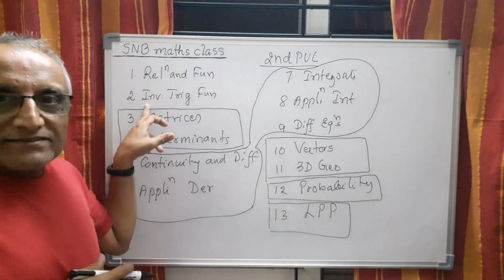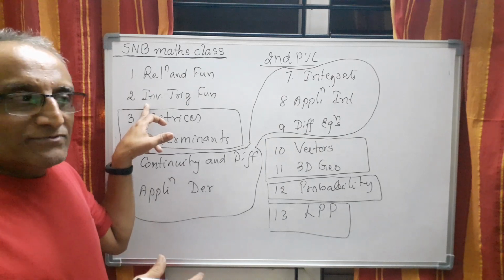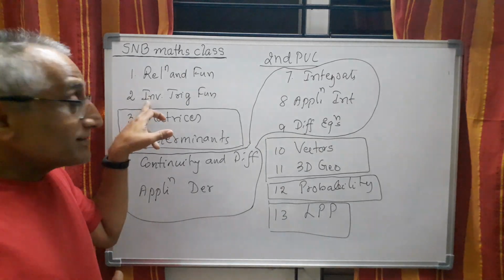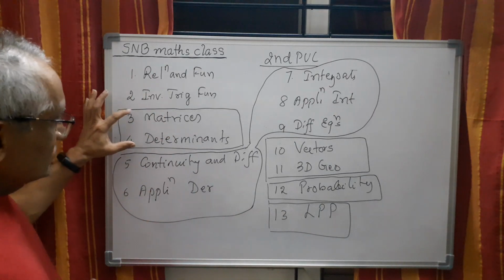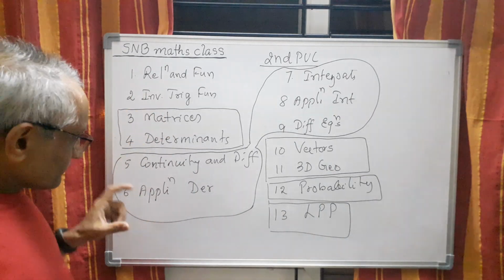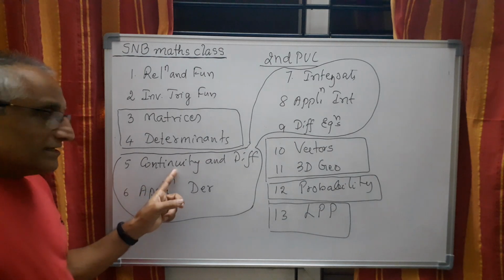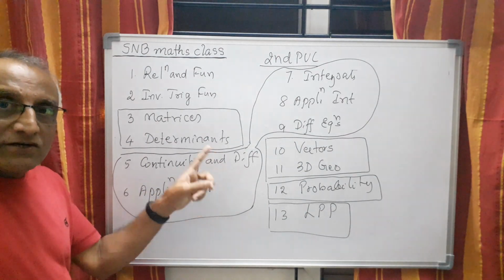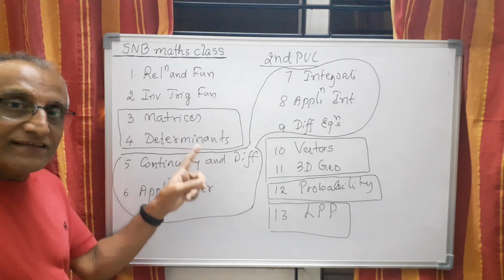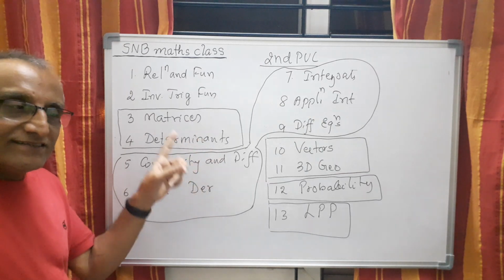Inverse trigonometric function: a thorough knowledge of first PUC trigonometric functions is a must for understanding inverse trigonometric functions. Of course, these two chapters are independent. Here also, when you want to study continuity and differentiability, the concept of limits and derivatives which you have studied in first year is a must.